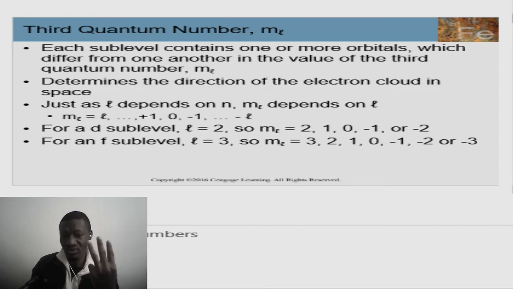So we have the third, and as with the first and the second, the relationship with the third is to the second. Notice that they're all tied together, but the relationships are with their immediate, close neighbor. Each sublevel contains one or more orbitals, which differ from one another in the value of the third quantum number.